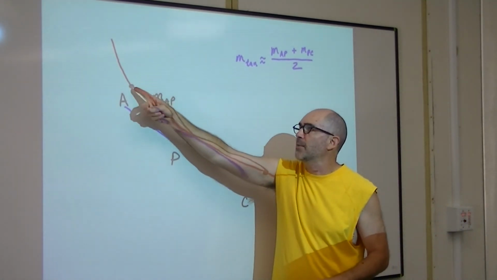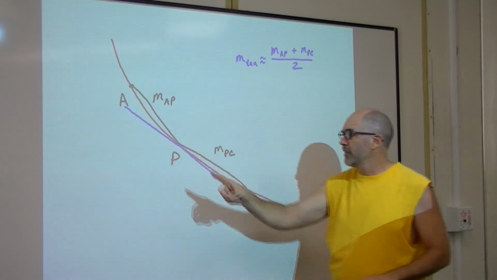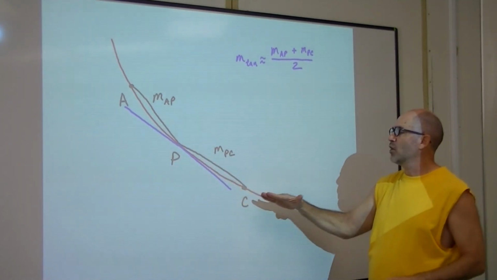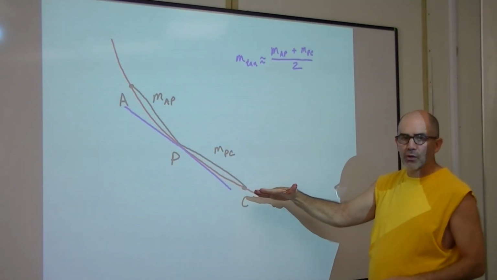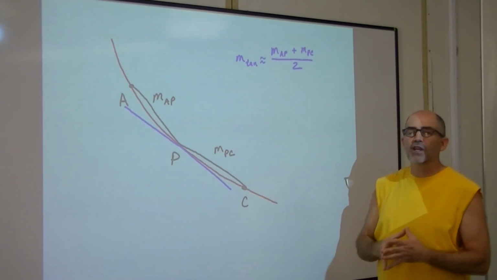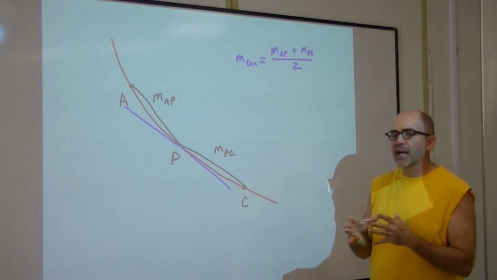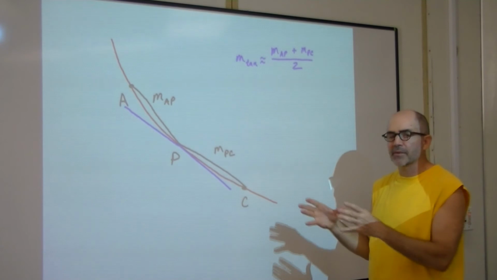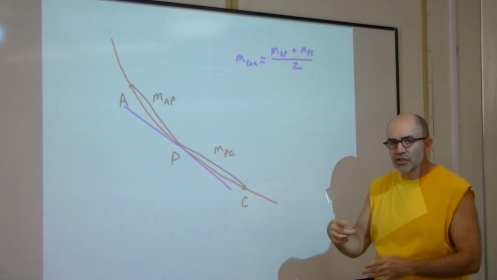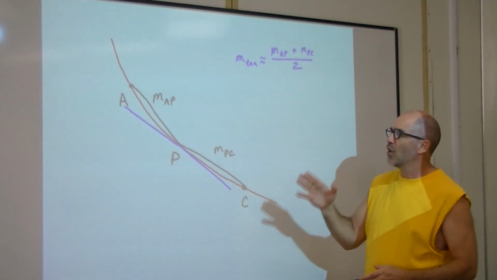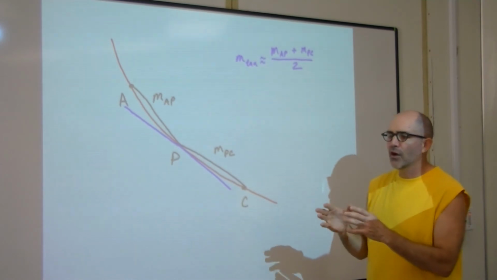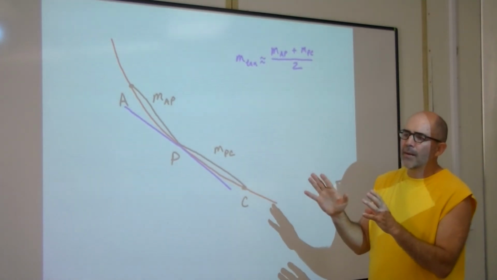There's a changing slope at whatever point we want. If I pick a point up here, my slope is steep. If I pick a point down here, my slope is more gradual. So same thing with velocity. Sometimes velocity is large, sometimes it's small, but it changes gradually.